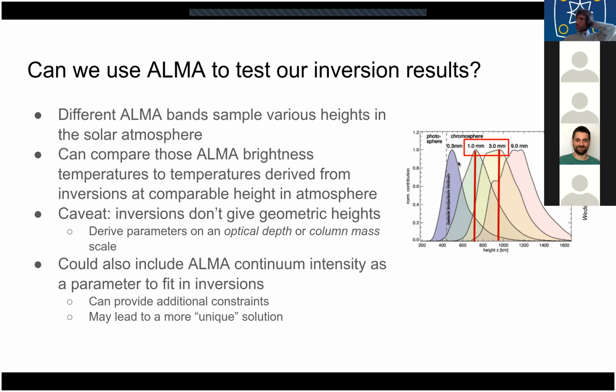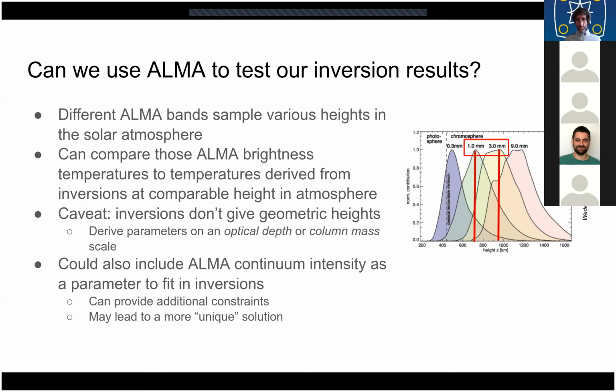You can see that these distributions peak at very distinct heights, although there is a lot of spread even for these most separated bands. The ones that we're mostly concerned with here are around 1 millimeter and 3 millimeters. So it's great that we can actually use ALMA to theoretically test our inversions.